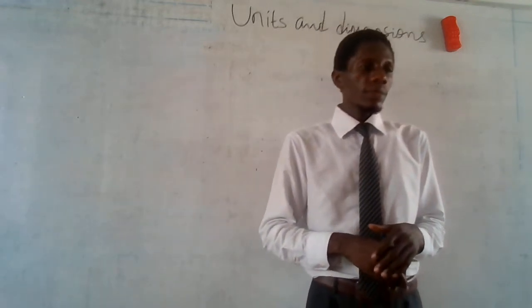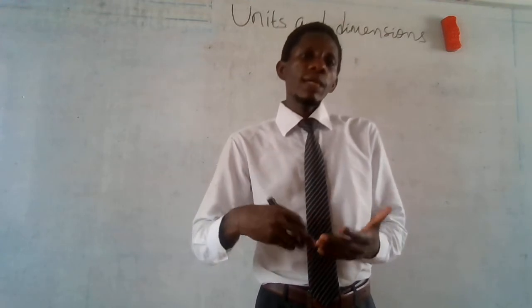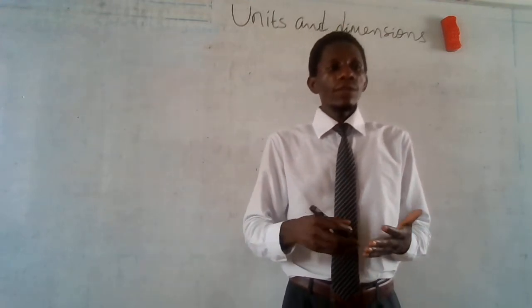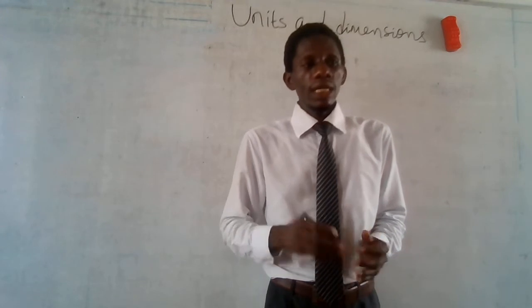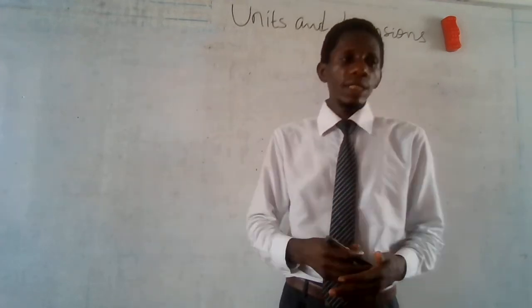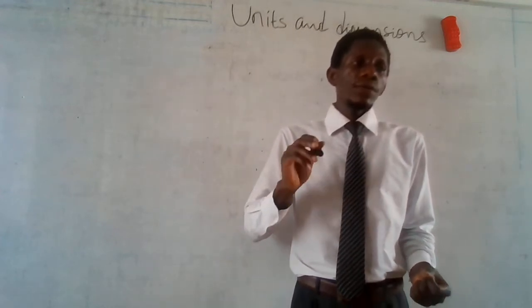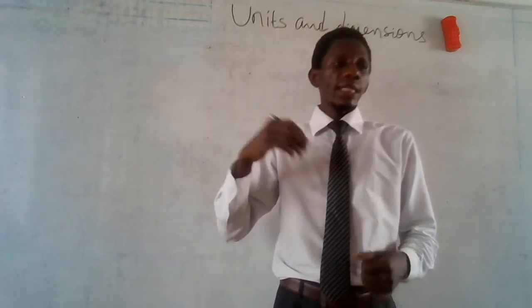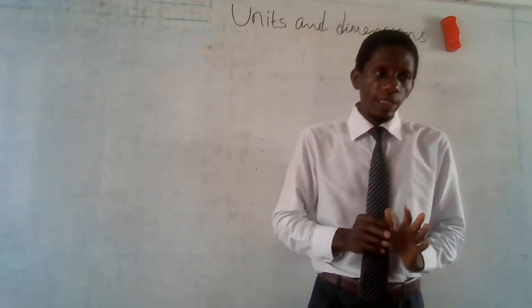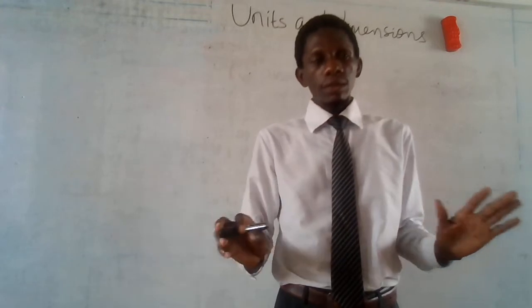Now, in physics, when we are talking about units, we try to mention the SI unit. The term SI unit means the International System of Units. It is known by the international abbreviation SI in all languages.